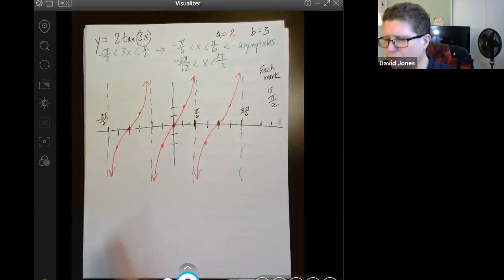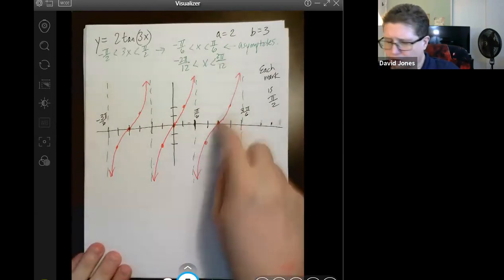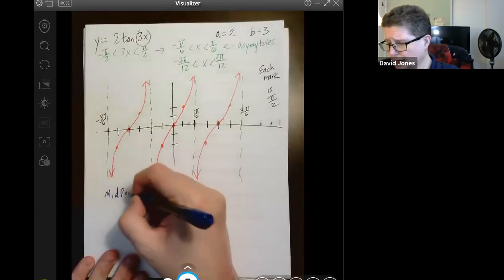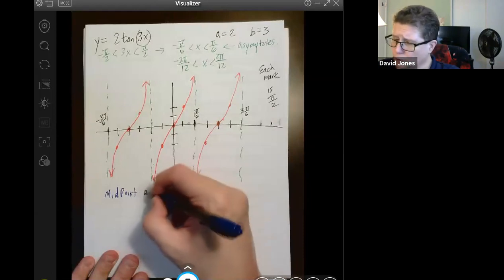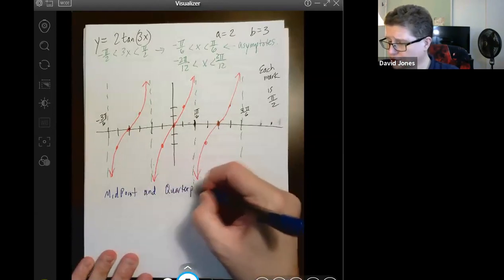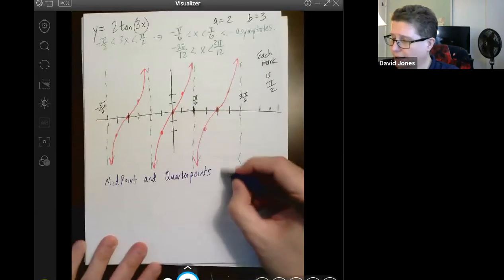And recall, when we're only doing the quarter points, not the π/3 and π/6, they look like they're on a straight line. Midpoint and quarter points look like they could be on a straight line.